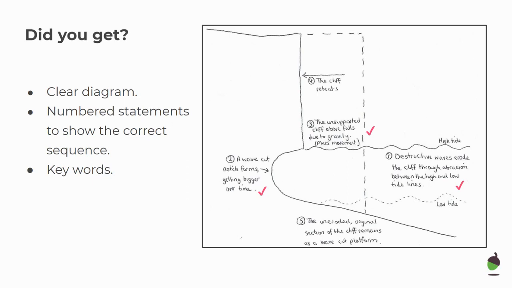Number 3, the unsupported cliff above falls due to gravity or mass movement. Number 4, the cliff retreats. And finally, number 5, the uneroded original section of the cliff remains as a wave cut platform. So add all your ticks. If there's any keywords you need to add in, pause the video and do so now.